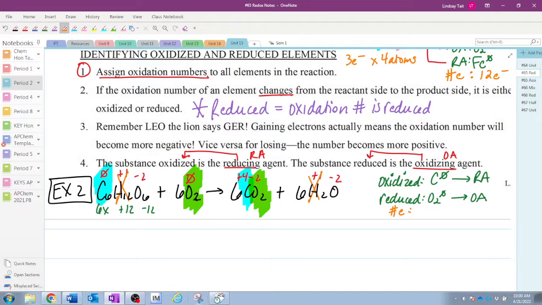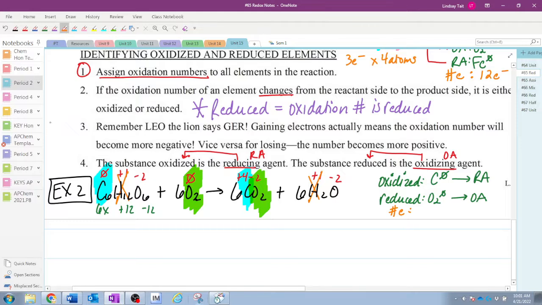So lastly, for the number of electrons transferred, don't mess with the oxygen. Some of them changed, some of them didn't. That's a weird thing. You can do it, but you have to think more. Stick with the carbon. The carbon's all changed. So let's focus on the carbon. Carbon was oxidized. That means it lost electrons. How many electrons did it lose if it went from 0 to +4?